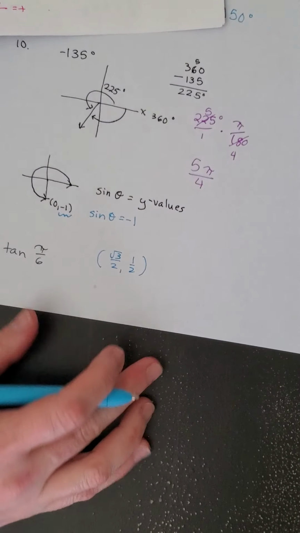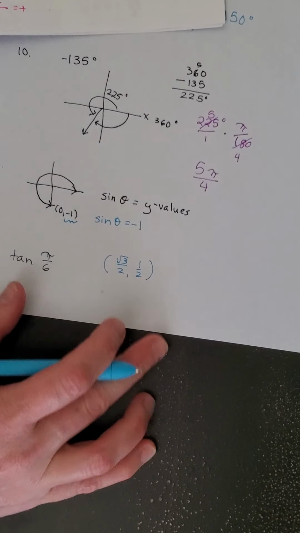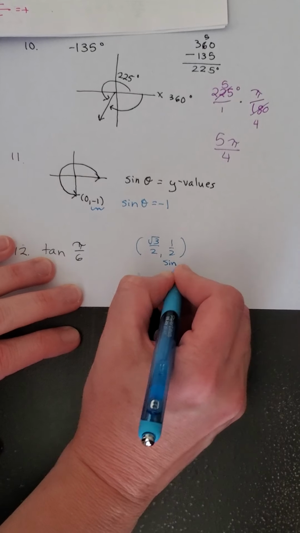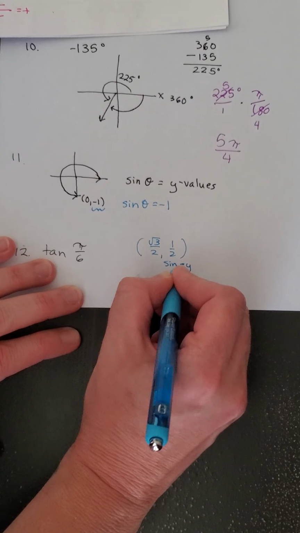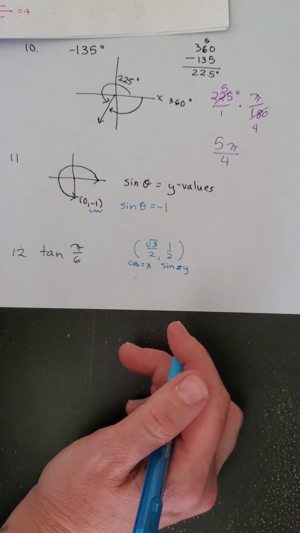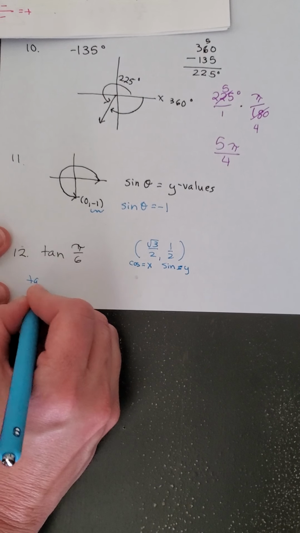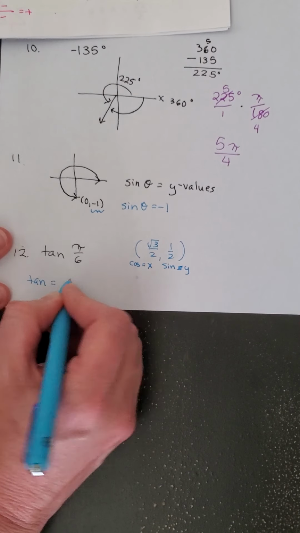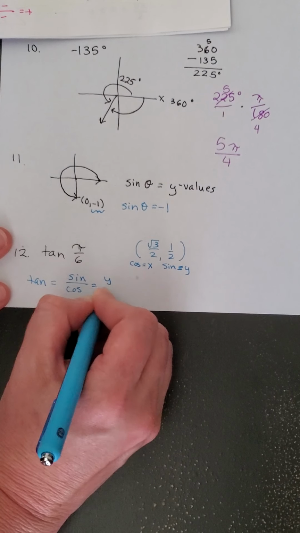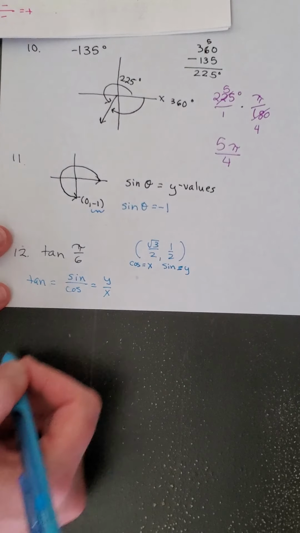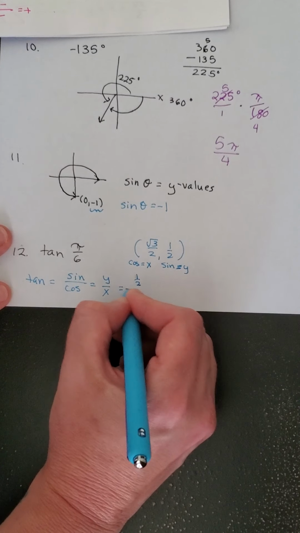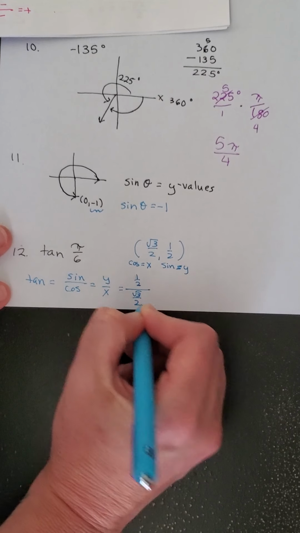Now what we know about tangent is that sine is y, cosine is x, and tangent is sine over cosine, or y over x. So that would be 1/2 over √3/2.